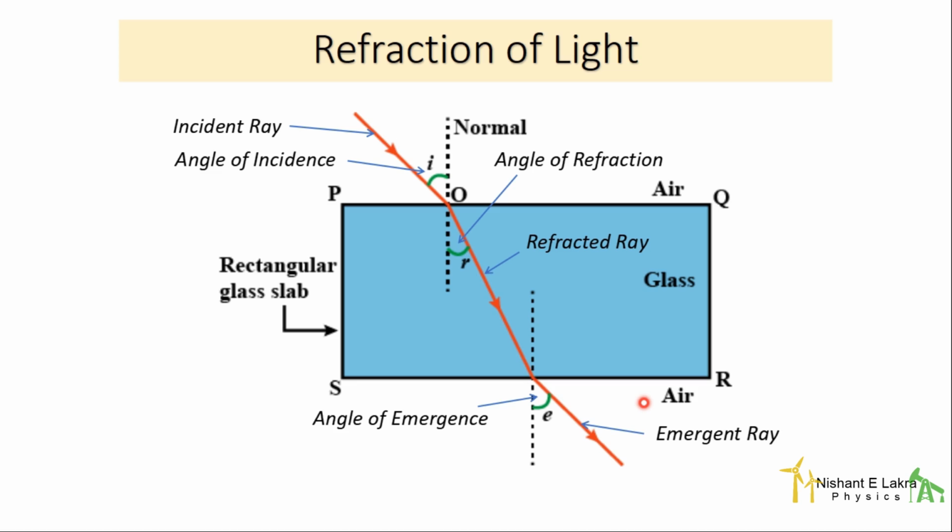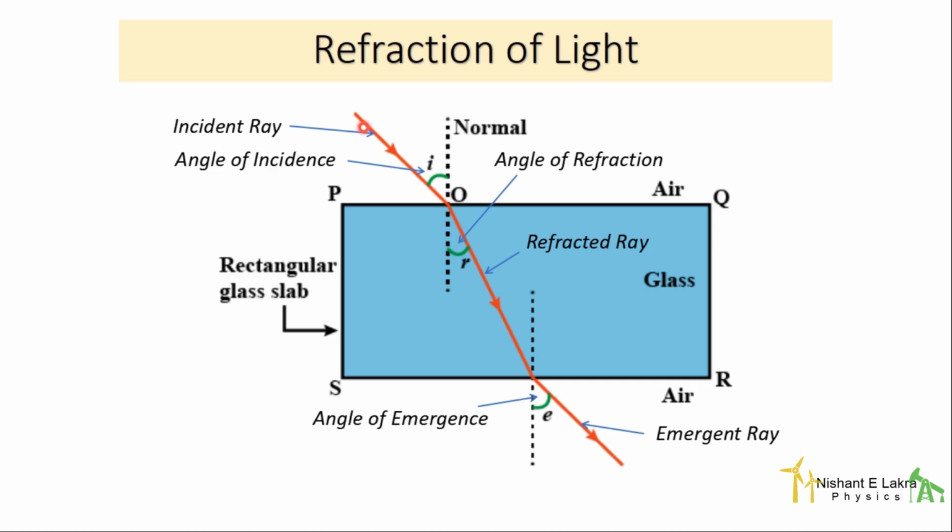Another thing I want you to remember is that air is a rarer medium. Glass is a denser medium. Okay, so you keep these few things in your mind. Now you notice here that the incident ray, or that ray that strikes the surface separating the two optical medias, which are air and glass.